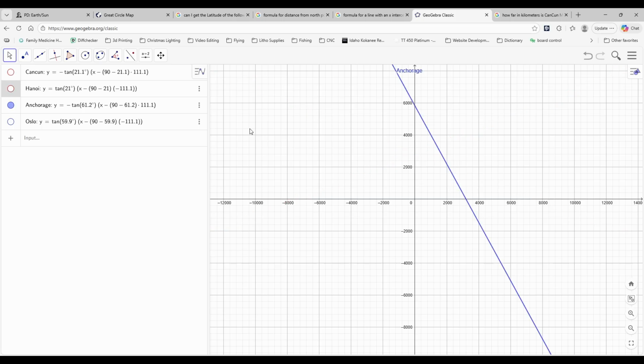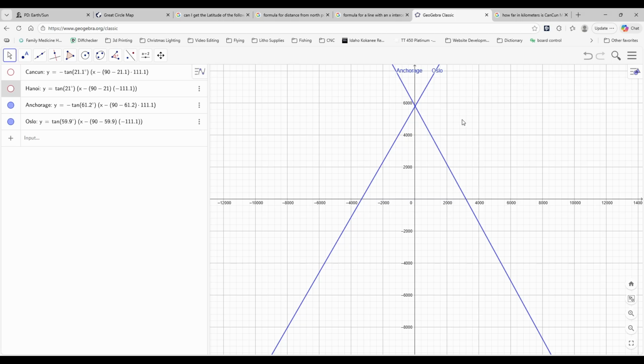Anchorage, Alaska is here. Oslo, Norway is here. They match. So simple math works on a flat Earth. These people are both seeing the North Star at the same point. So this proves that simple math proves that Earth is flat.